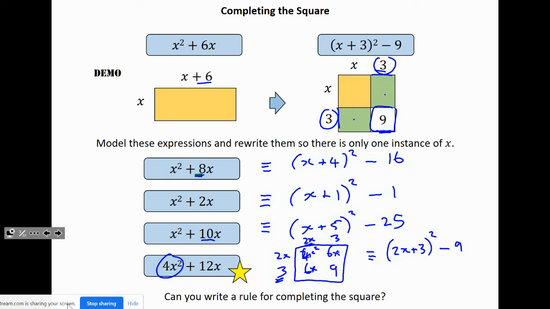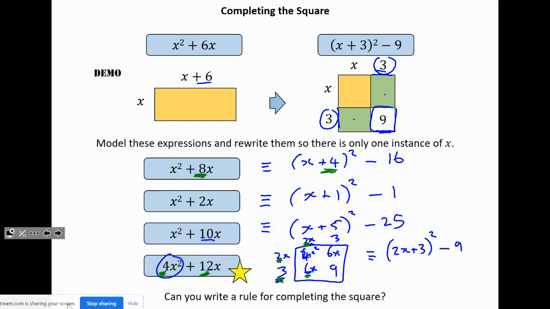So the general rule for completing the square is that the number here is going to be half of this number here, unless we have that. If we have that, we need to halve that to get the number of x's, so 2 x's. And then half of this thing is divided by that number. So half of the 12 was 6, and that gets divided by the 2 to give us the 3 here.